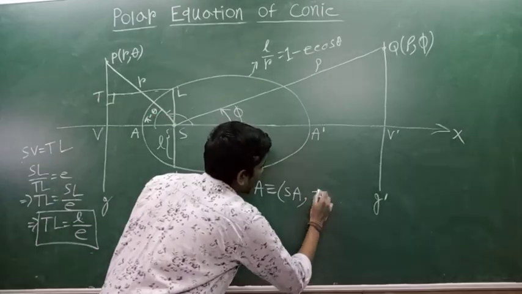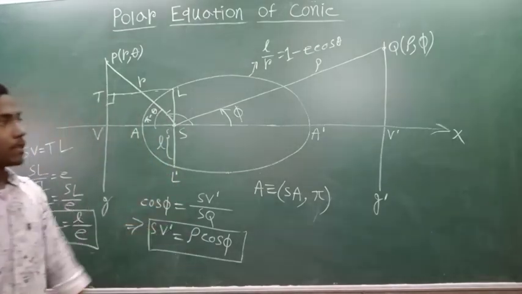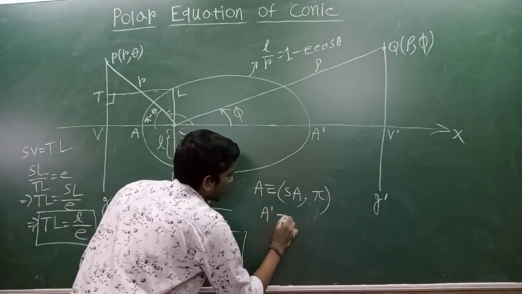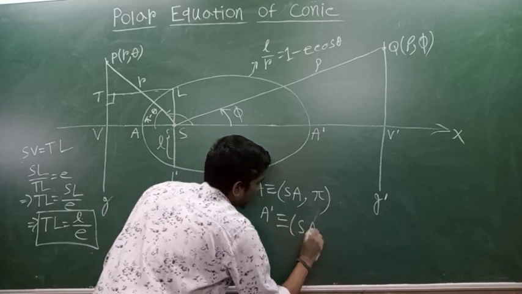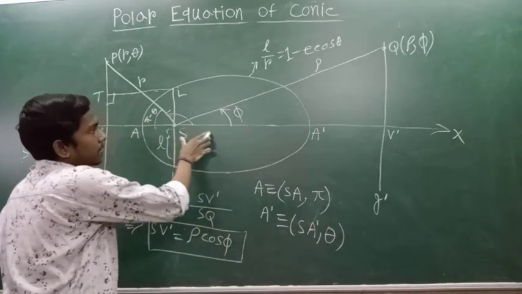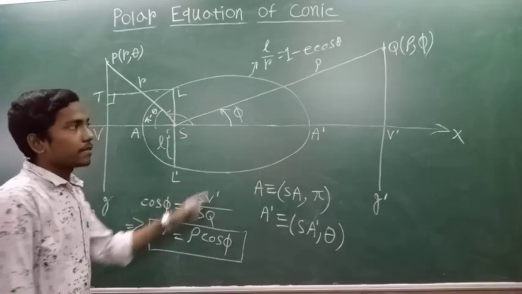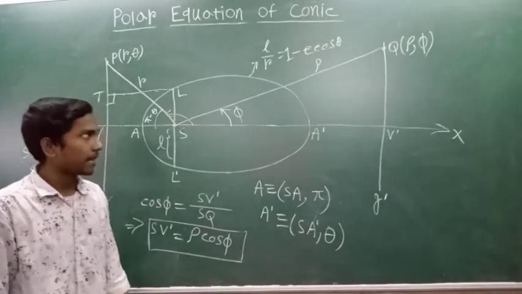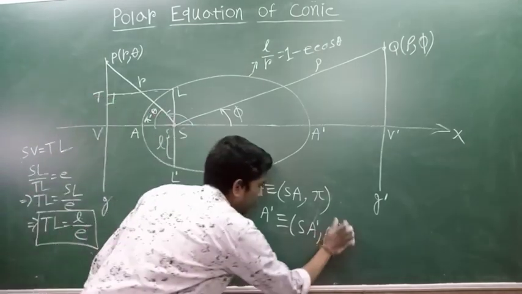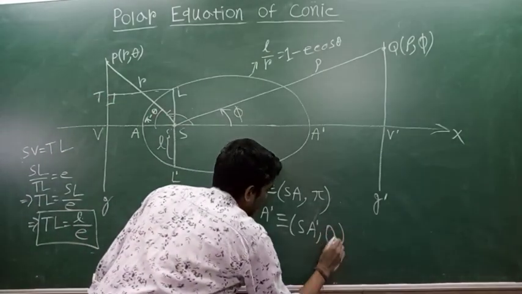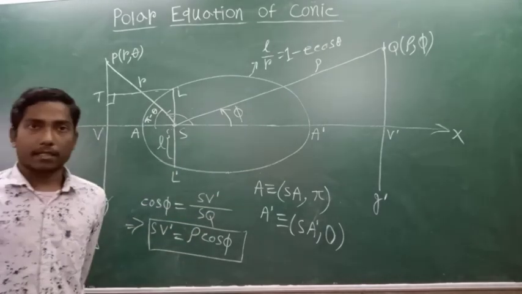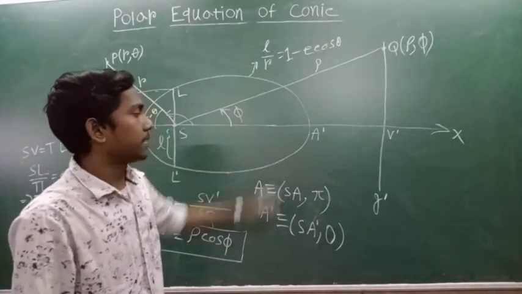So SA comma pi is the coordinate of point A. Similarly, the coordinate of point A dash is SA dash comma 0, since the radius vector SA dash coincides with the initial line, so it makes a vectorial angle of 0 degrees. These points must satisfy this equation.